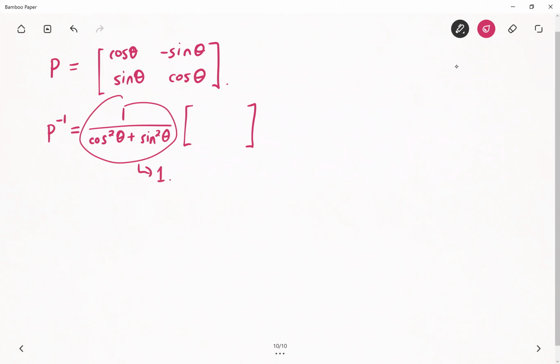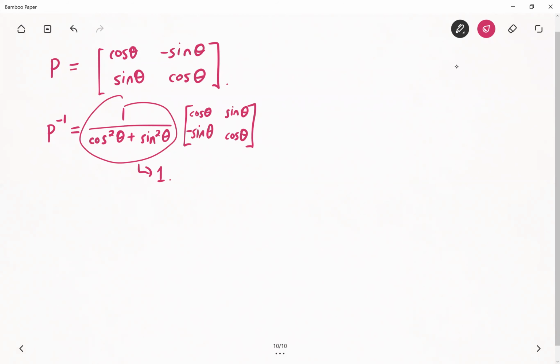The denominator is equal to 1, so the whole fraction's 1. And then if we change around the values in accordance with the inverse formula for a 2 by 2 matrix, we swap the cosine theta and the cosine theta, which appears to be basically no change. And then we negate the other two entries in the b and the c positions.